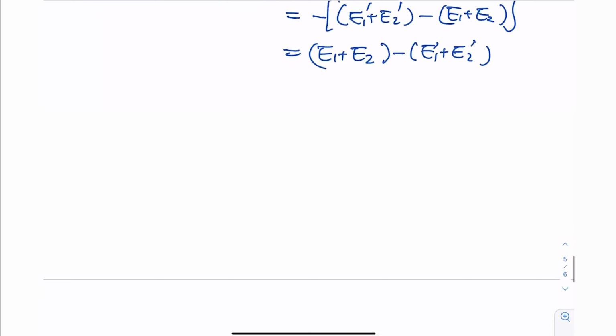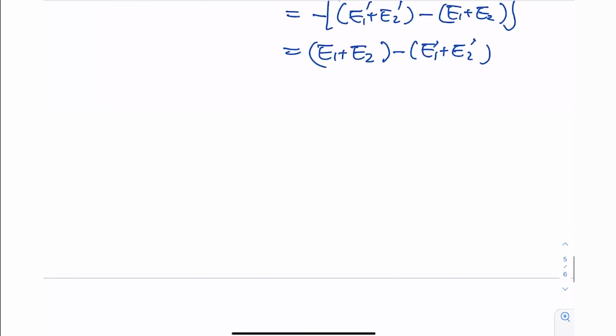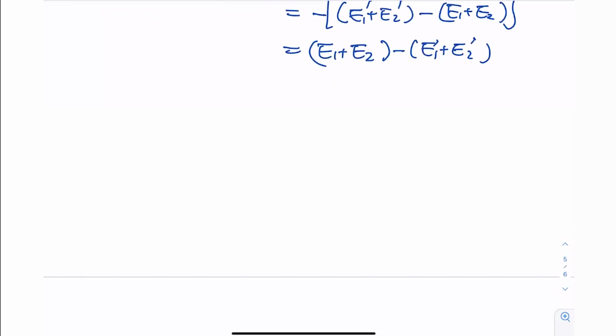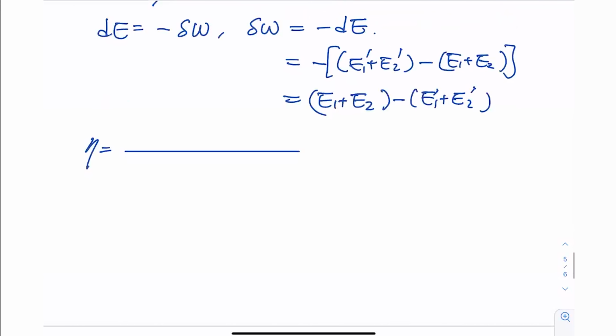So by definition, we also need another quantity to define the efficiency of this heat engine. That's basically the heat that's put into the system, or put into the piston. Basically, eta is the work that's done, which is this quantity, divided by the heat or the energy that is transferred to this piston.